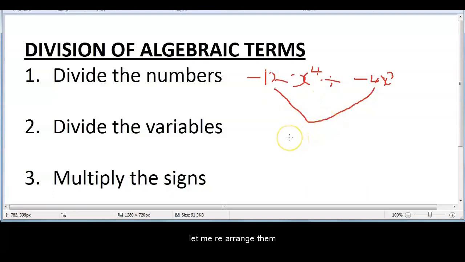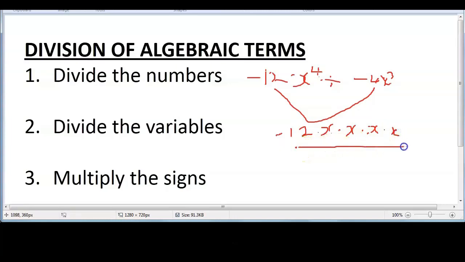Let me rearrange them. It's going to be 12 multiplied by x, multiplied by x, multiplied by x, multiplied by x, four times, all over minus 4 multiplied by x, multiplied by x, multiplied by x, three times.